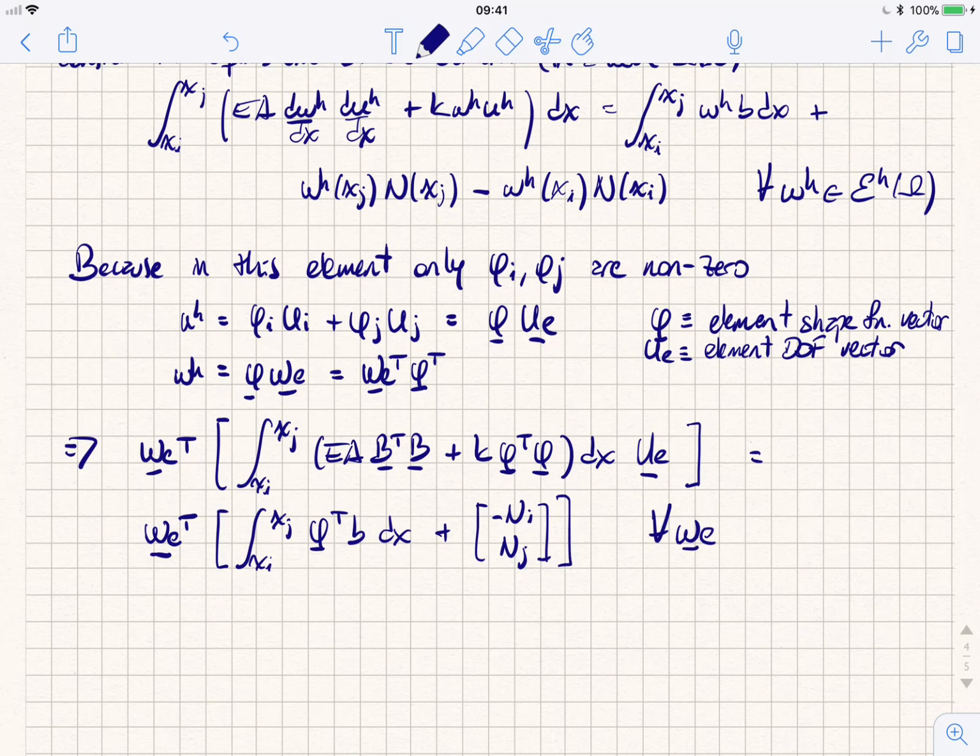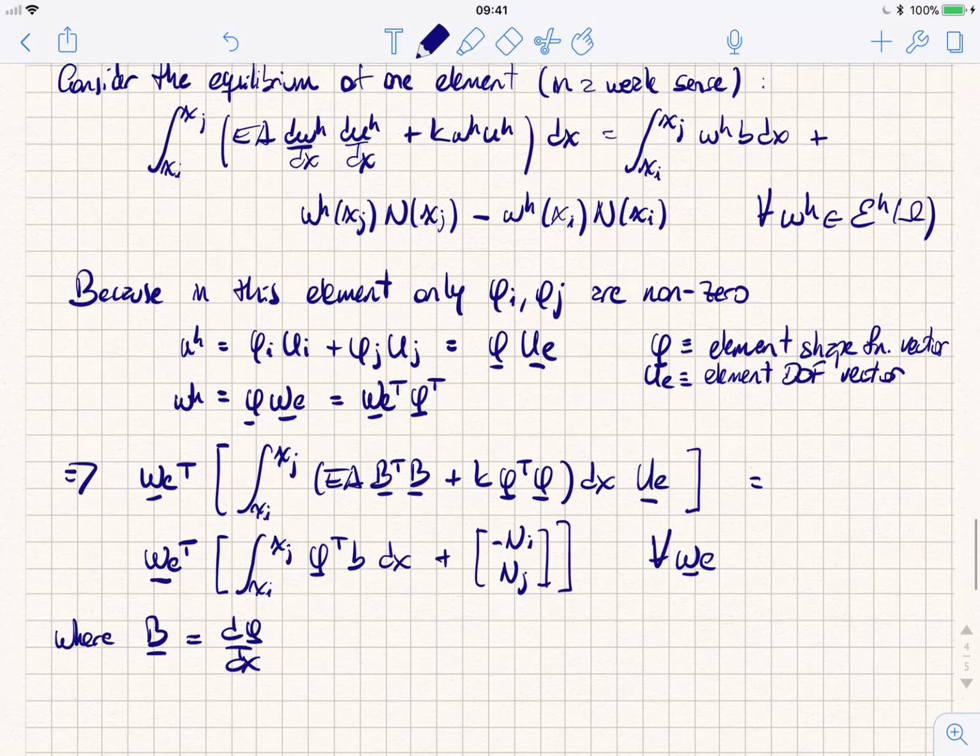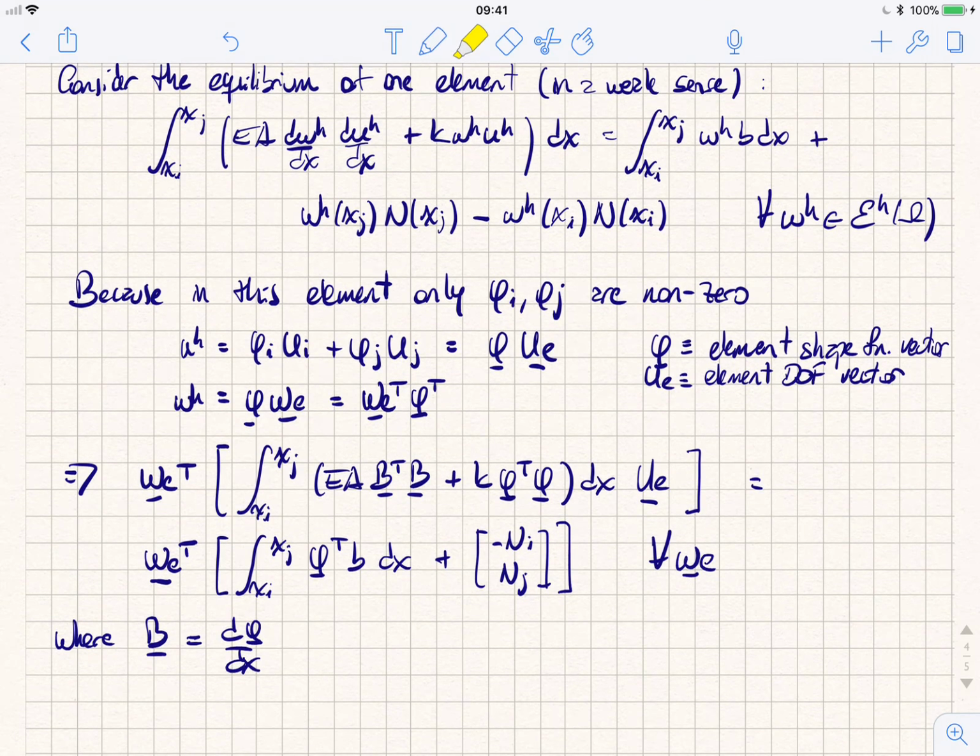So let's see what happens. First of all, of course, I need to define that this B transpose is just the derivative of the shape function vector with respect to x. All I did is I took this expression and this expression, and I plug this back here.